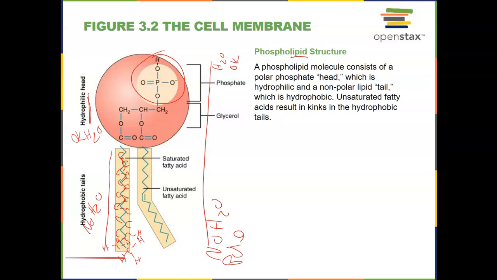When you have the maximum number of hydrogens associated with all the carbons, we call that saturated. Saturated is a fatty acid chain that has the maximum number of hydrogens associated with the carbons.